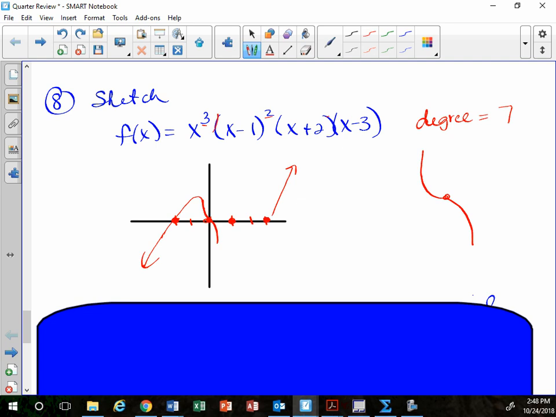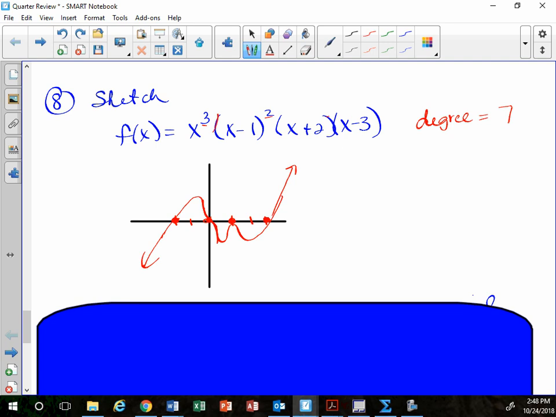Yes, the actual curve. Yes. Okay. What happens at 1? It bounces and then crosses, okay?